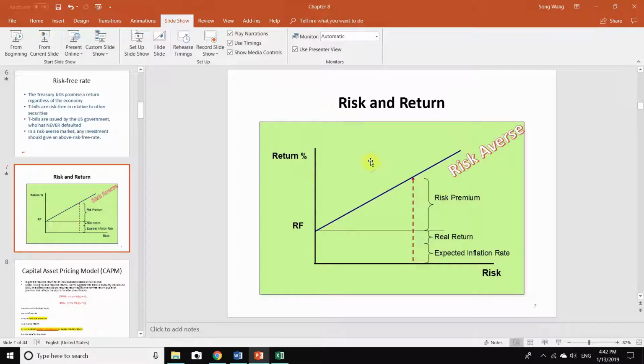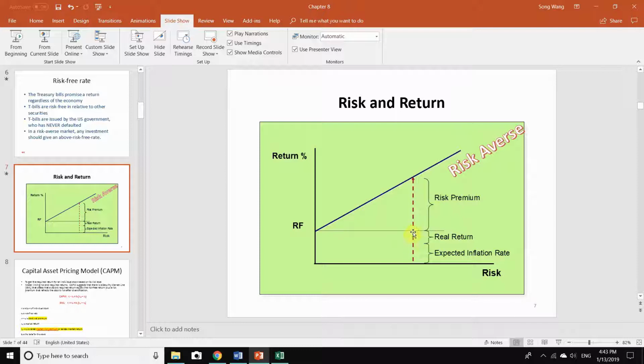Okay, and here is a chart that basically shows you the correlation between risk and return. So you have the basic risk-free rate, and every investment should give a return that is higher than that. And the additional part is called a risk premium. Like right here, we have an investment that has this level of risk, so the return will be right up there.